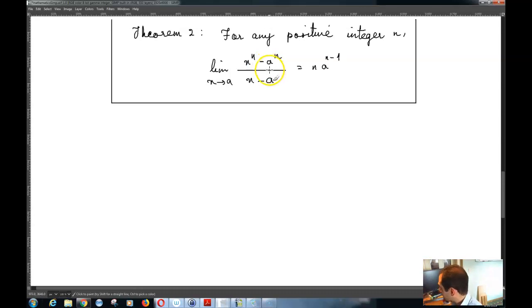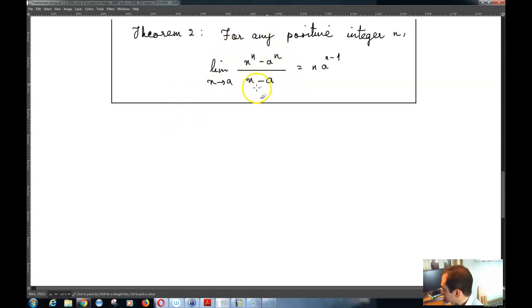And as a remark, it says that the expression in the above theorem for the limit is true even if n is any rational number and a is positive.